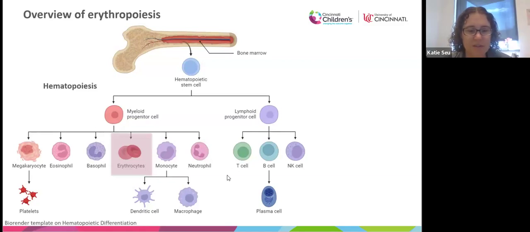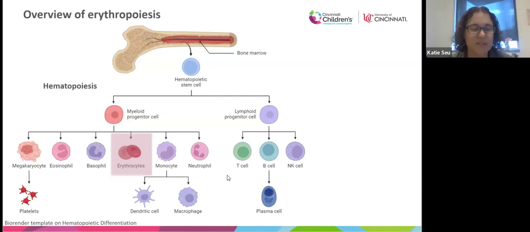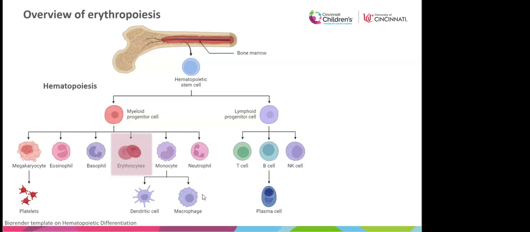And I know a good amount of hematology researchers, especially in our division, are mostly focused on the hematopoietic stem and progenitor cells and the myeloid cells, because of their obviously important roles in immune regulation and hematologic malignancies and things like that. And in fact, their first step in a lot of hematopoietic stem progenitor cell analyses is to lyse the red blood cells. So today, hopefully, we can all learn a little bit about erythropoiesis.